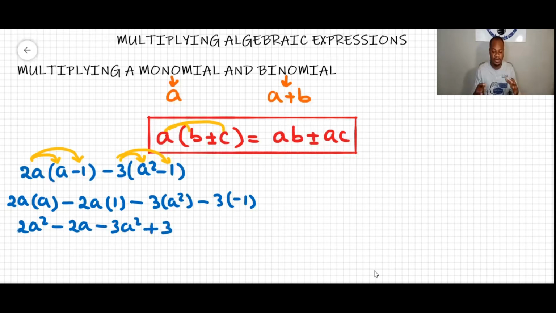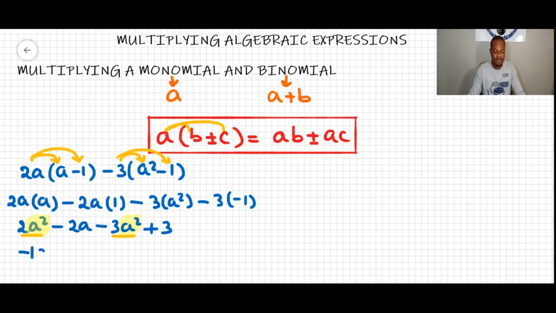Then whenever we work out these algebraic expressions, we always check if we have like terms. So now we're going to select like terms. We can see we have 2a squared and then negative 3a squared. They are like terms because they both have the same variable with the same exponent, a squared. So this can be combined.